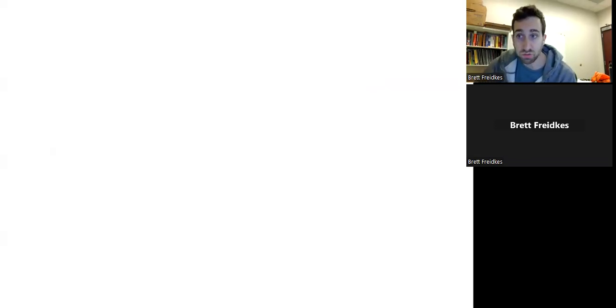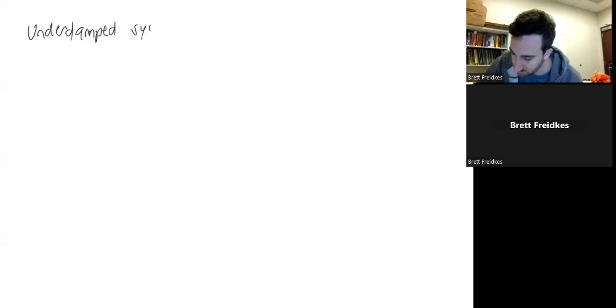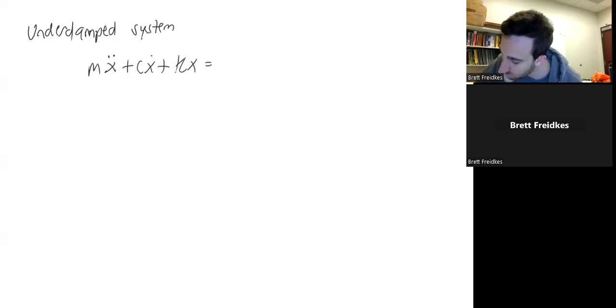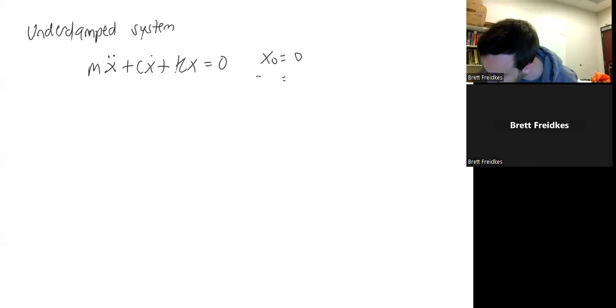Now, let's look at any system, and the one that we did in class was an underdamped system. Basically we have an equation like m x double dot plus c x dot plus k x equal to 0, except now I'm going to assign initial conditions.